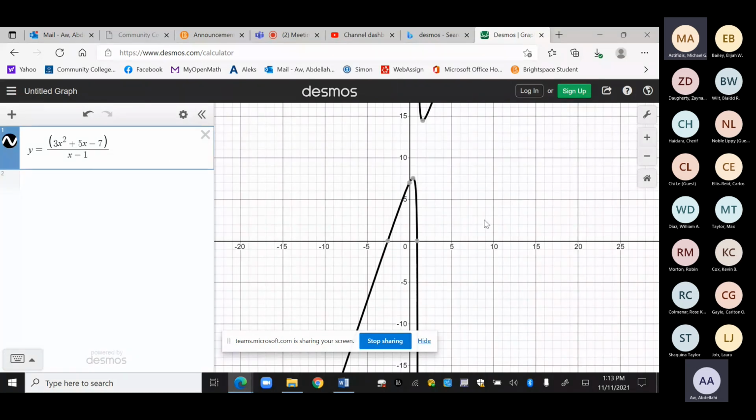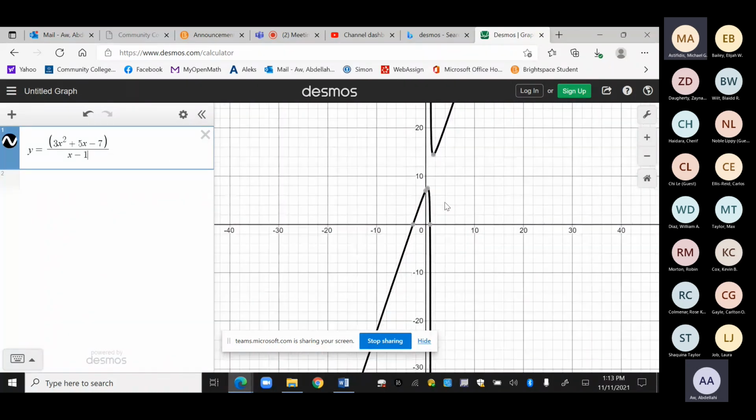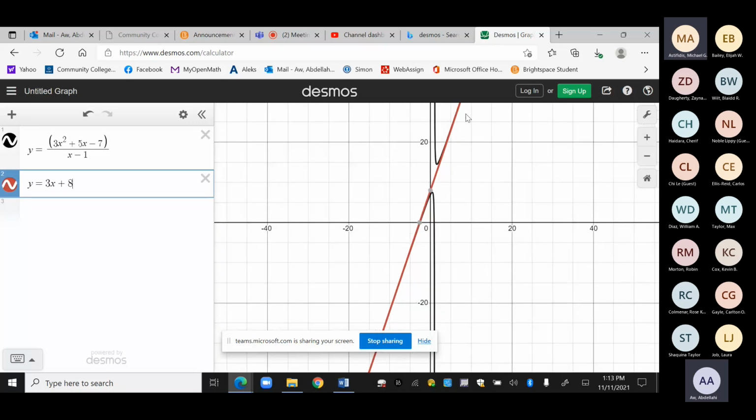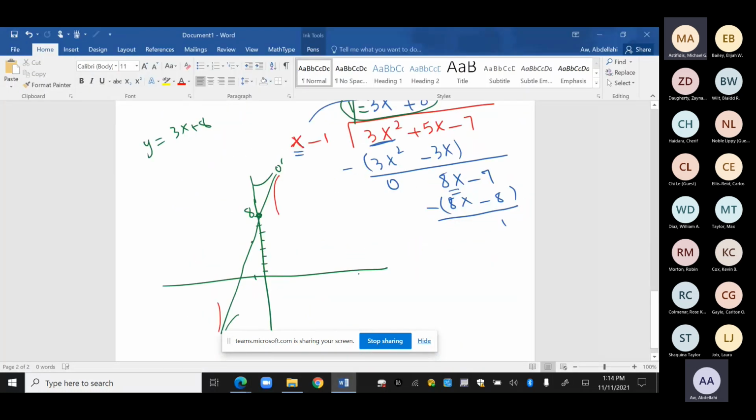Do you see how the graph is? Now let's graph the slant asymptote, y equals 3x plus 8. Do you see how the graph gets close to the line at the end? They're almost the same, but they are not the same. The graph gets close to that line when x goes to infinity or negative infinity. That is a slant asymptote.